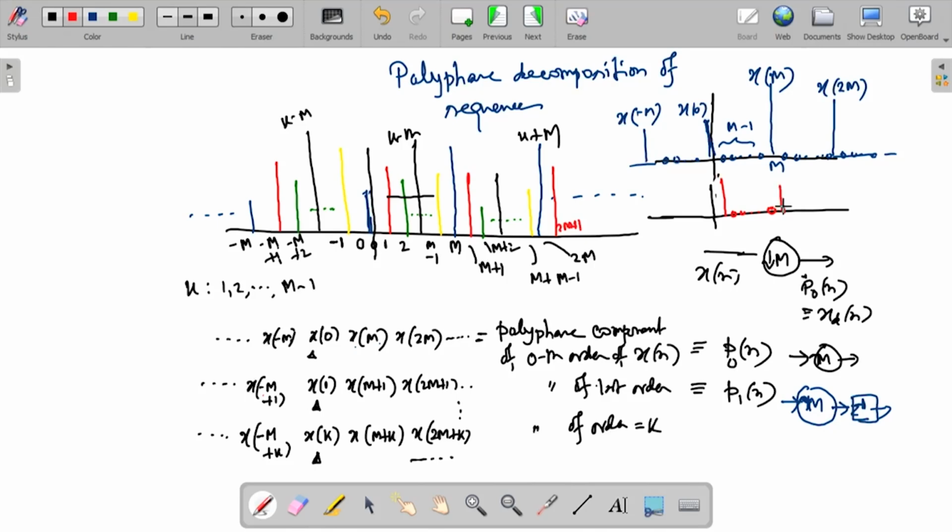Then will come the next point, M plus 1. Then again there will be zeros. At 2M also it will be 0.